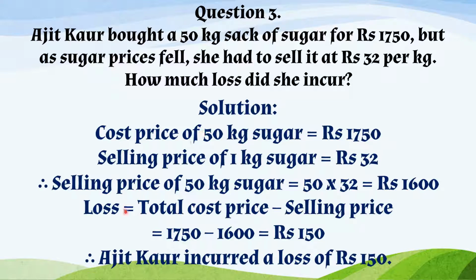So loss is equal to total cost price minus the selling price. So total cost price, 1,750, minus selling price, 1,600. So 1,750 minus 1,600 is equal to rupees 150. So Ajit Kaur incurred a loss of rupees 150.